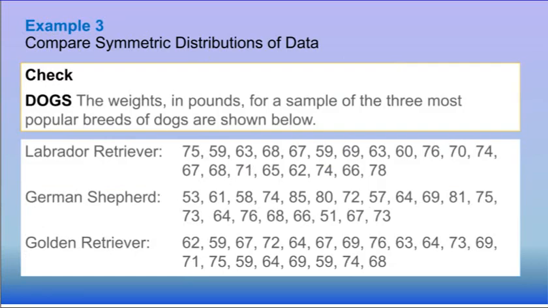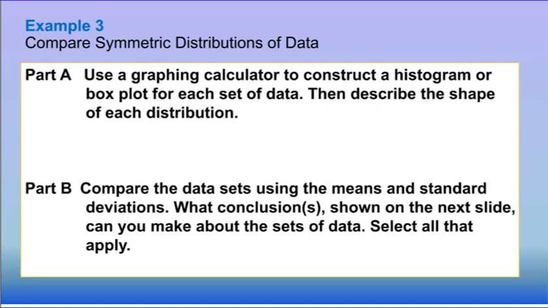Next, the weights in pounds for a sample of Labrador Retrievers, German Shepherds, and Golden Retrievers. What we want to do is use a graphing calculator for each set of data and describe the shape of each distribution.